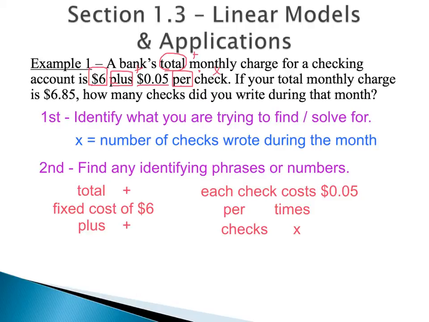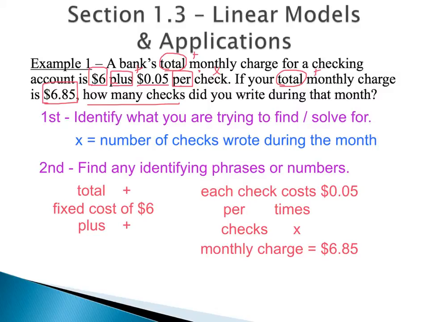Continuing to read, if your total monthly charge, so again, that total meaning when we add stuff up, is equal to $6.85, so that's good. They actually told us what the total is going to equal. How many checks do you write during that month? So again, how many checks would be our X. So there's a lot of information, but the key parts are, first, we're definitely going to have an addition problem between the total and the plus.